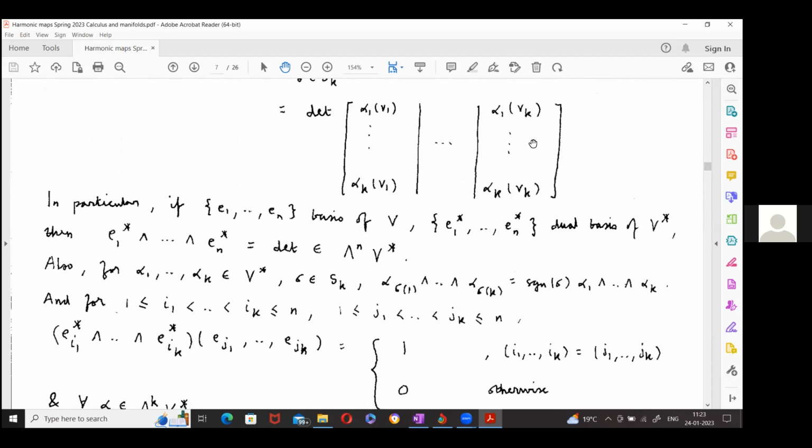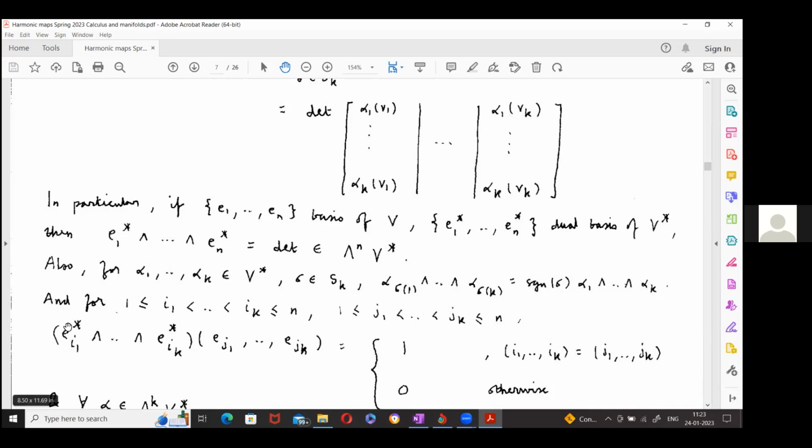Otherwise, let's suppose J1 is less than I1. Then all of these Ei1 star up to Eik star acting on Ej1 will give you 0. So the first column of this matrix will become 0, and the determinant will become 0. So J1 has to be greater than or equal to I1. But if J1 is strictly bigger than I1, then all of the J's, J1 up to Jk, are bigger than I1.